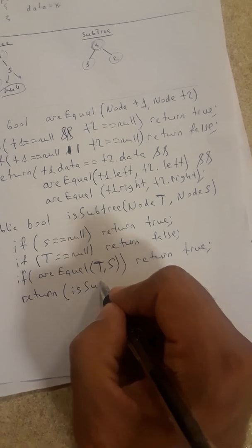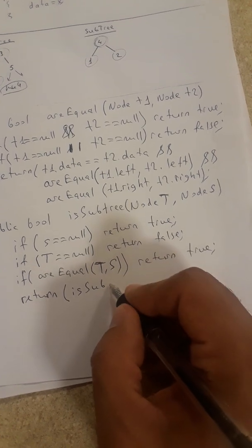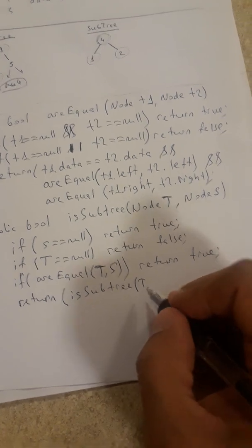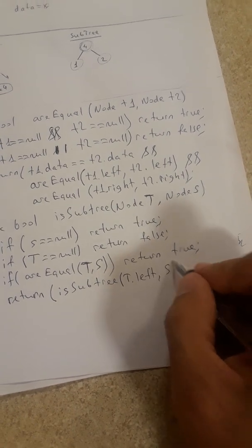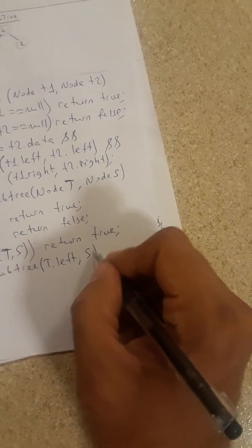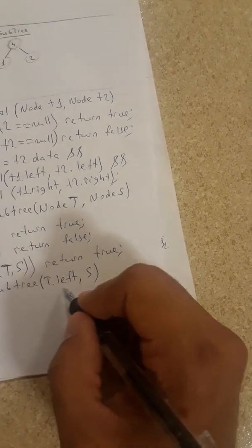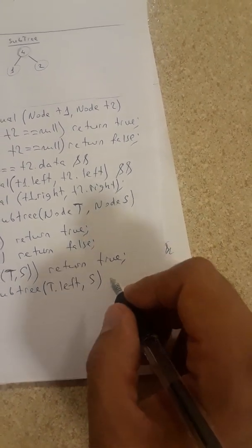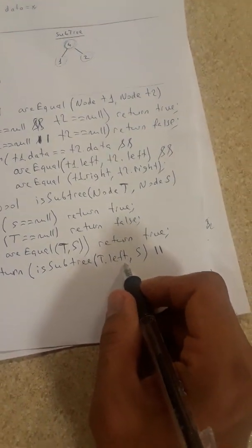So I will call this isSubtree function again recursively, and will pass the children of the tree instead of T, but S will be passed as it is, because we're actually checking if there is such a tree inside of our main tree. So here we're going down to the left child.